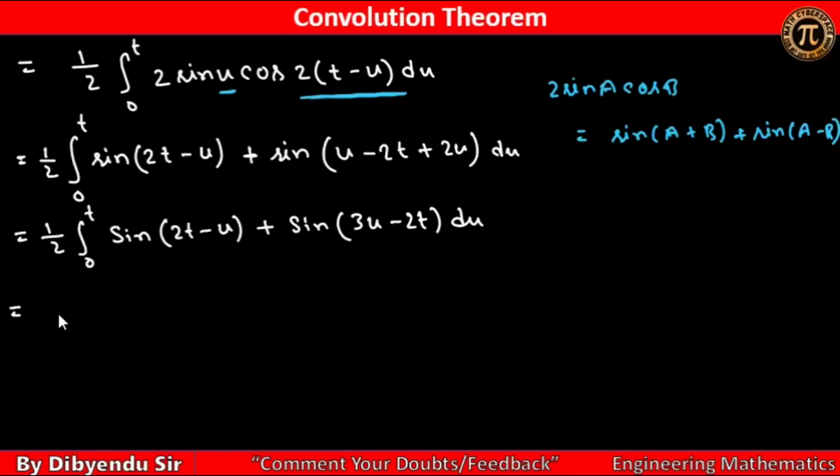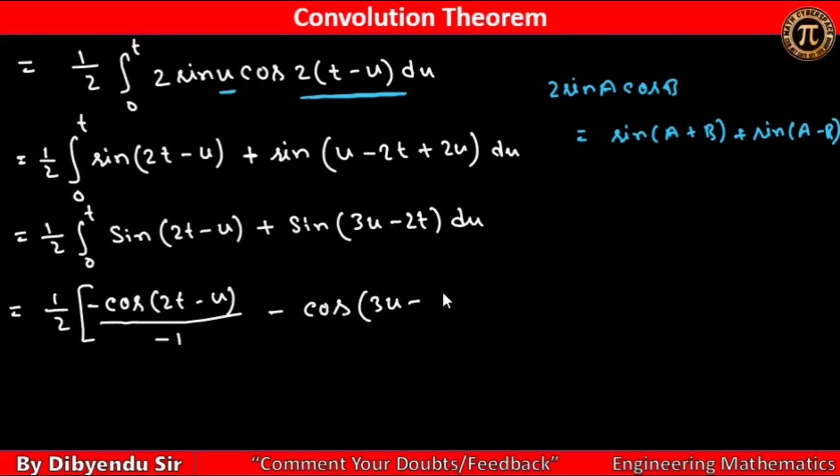Okay, so let's integrate this. This is equals to half into the integration of sin(2t minus u), that will be minus cos(2t minus u) divided by the coefficient of u, which is minus 1. Similarly sin(3u minus 2t) will be minus cos(3u minus 2t), and the coefficient of u is 3, so divided by 3.